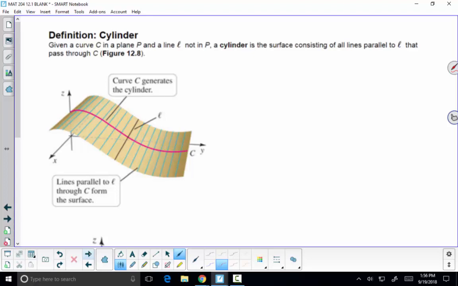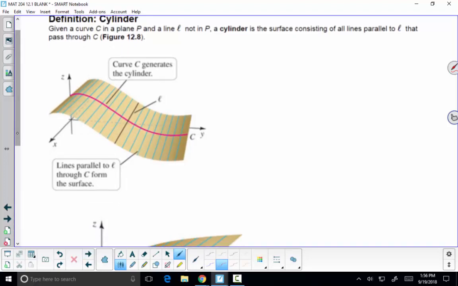The cylinder you're used to dealing with is a right circular cylinder. But in general, a cylinder is defined by two things. We have a curve, called the generating curve. For a right circular cylinder, the generating curve is a circle. Then you choose a line, and that line goes through your curve. It doesn't have to be perpendicular to it.